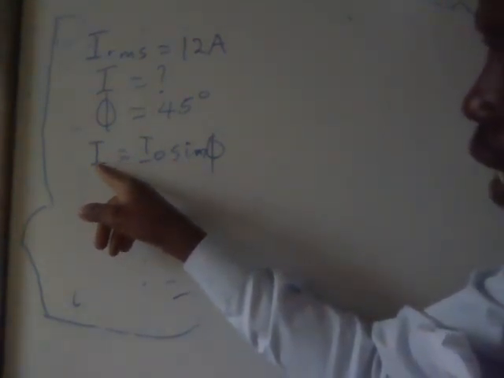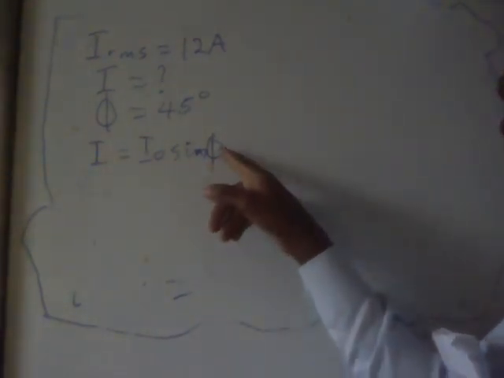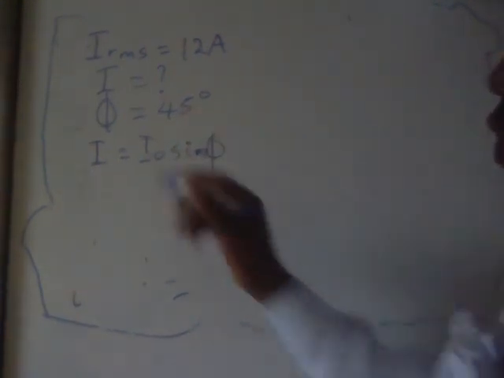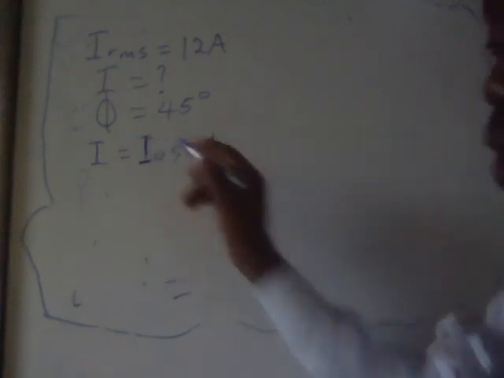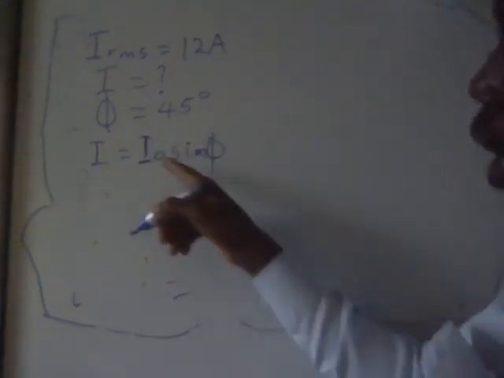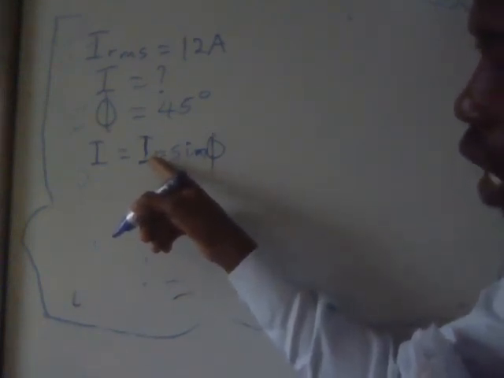We are looking for I. The phi is given at 45 degrees, which is the phase angle. But I naught is not given. I naught is the peak current, or amplitude. So we have to use another formula to get this I naught.